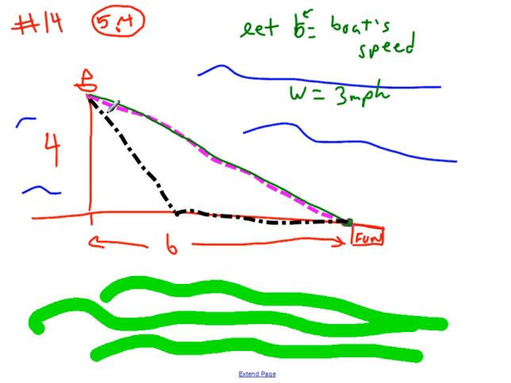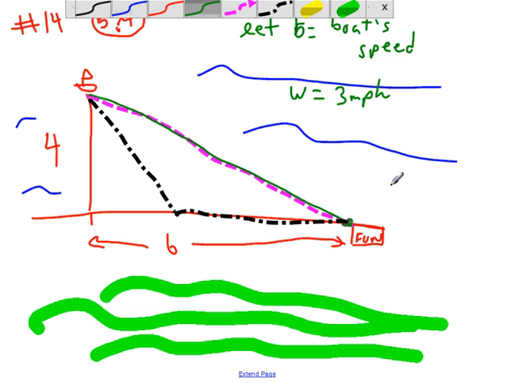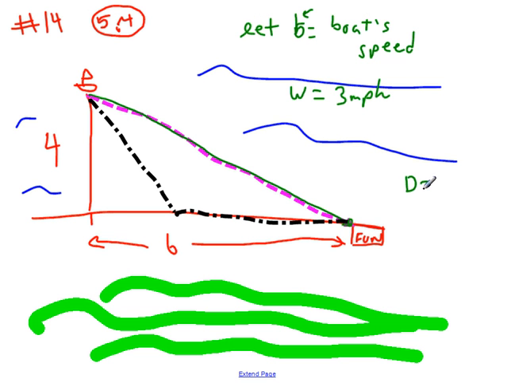But for now, as we set up the problem, we row some bit and we walk some bit. Well, one of the equations that we're going to need to use is, if distance equals rate times time, we're looking to minimize time, so we're going to use a time equation, which is distance over rate.